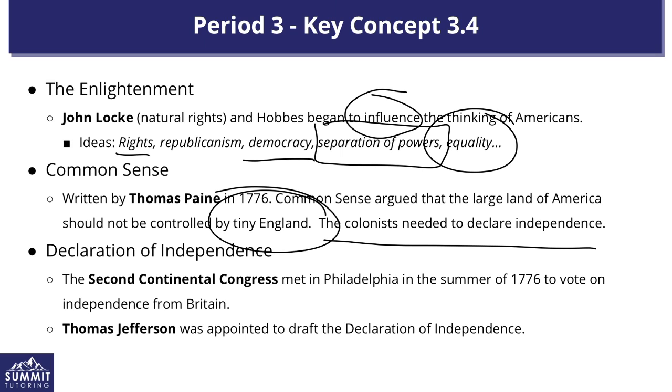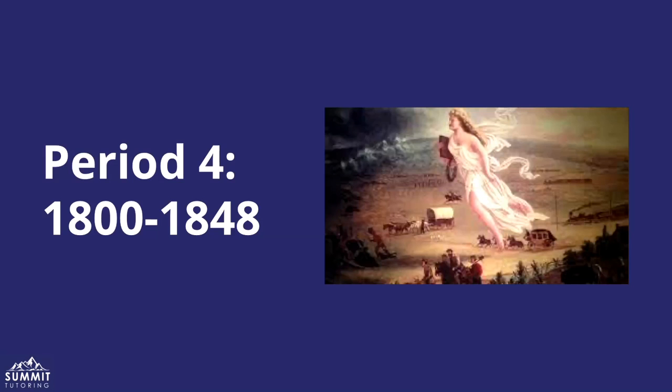All right. Now we move into period 4, which is 1800 to 1848. This picture here, I'm sure many of you have probably seen in your APUSH class as part of an image analysis. We see people expanding westward. We see this angel floating above them. What could that mean? And also, if you look closely, you see a train.